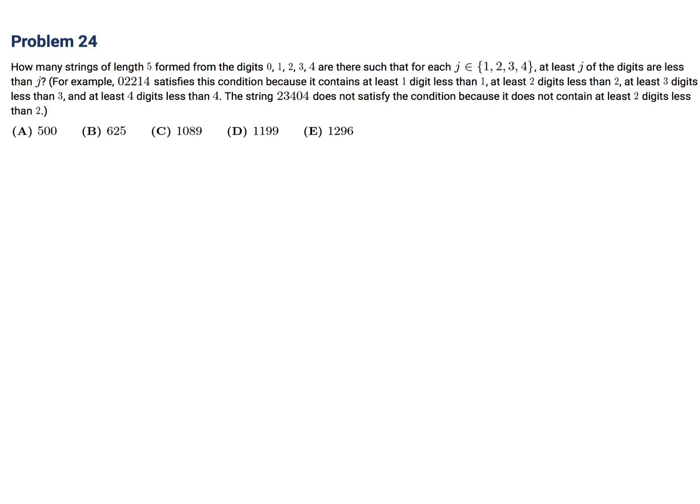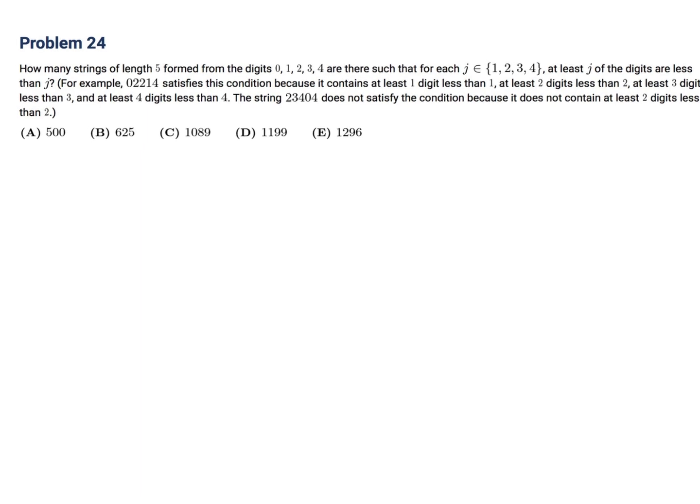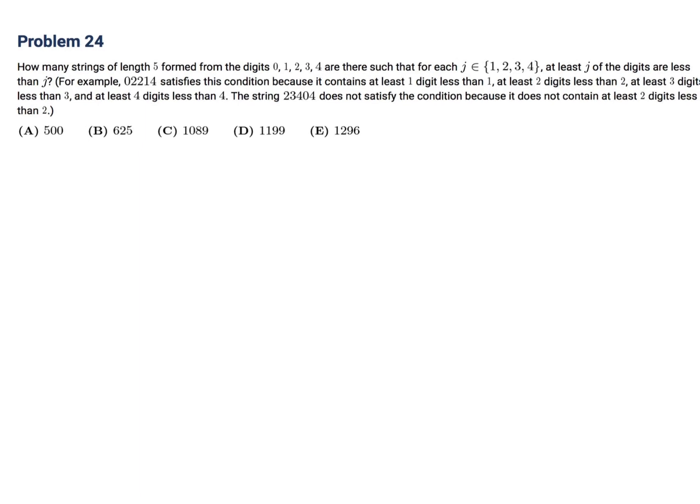All right, so this is an example of a long question, and let's go through this. So first, before I jump right into it, let's talk about their examples. 0, 2, 2, 1, 4.